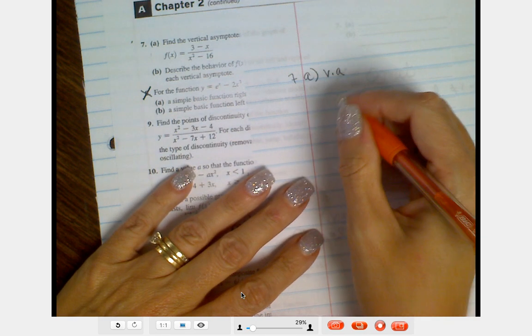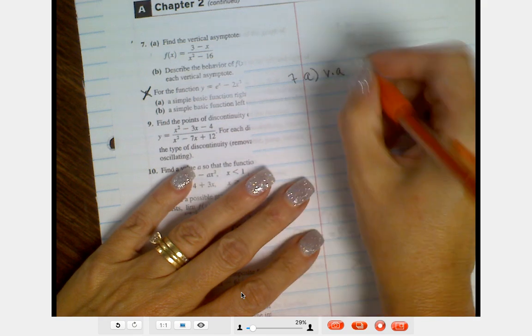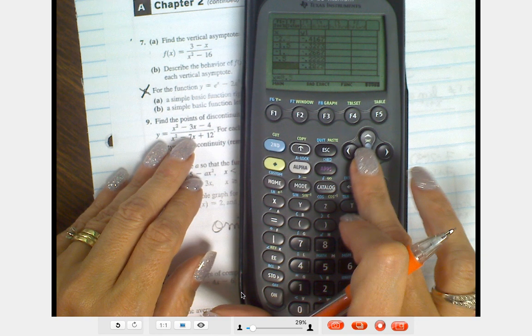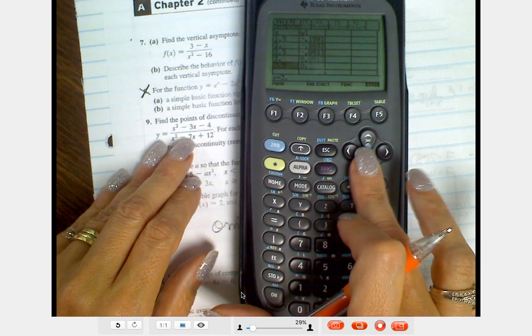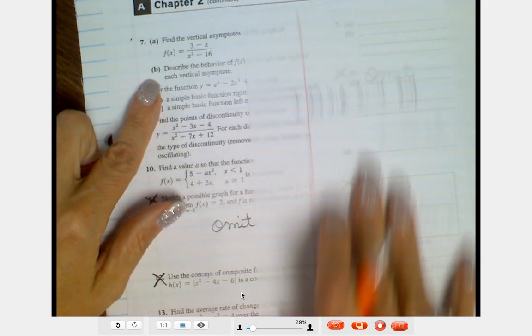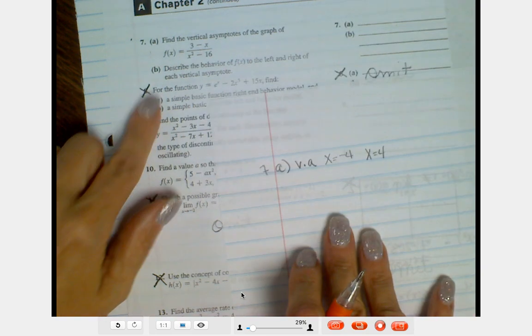And you need to write it like this. It's the vertical asymptote. And then there was another one. And it is at 4. So those are your vertical asymptotes.